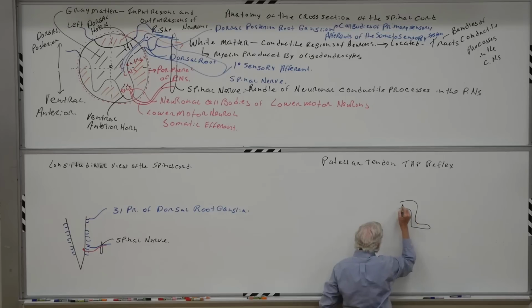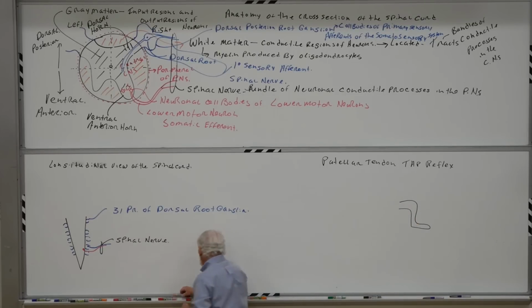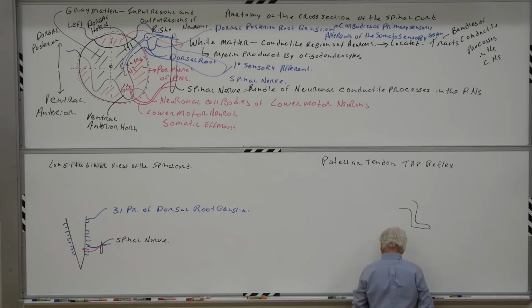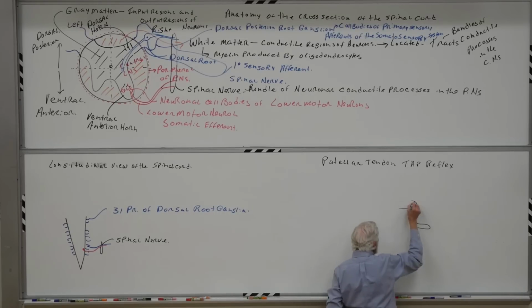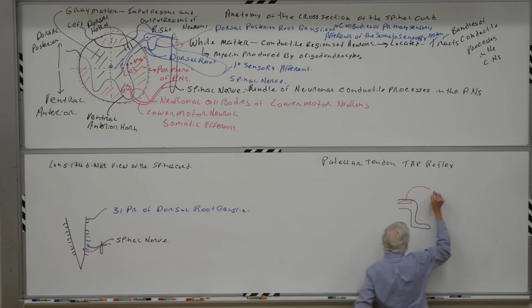So that's my rendition of a leg. The muscle that we're going to be interested in is the one located on the ventral or anterior aspect of the thigh. This muscle here is said to be the quadriceps.